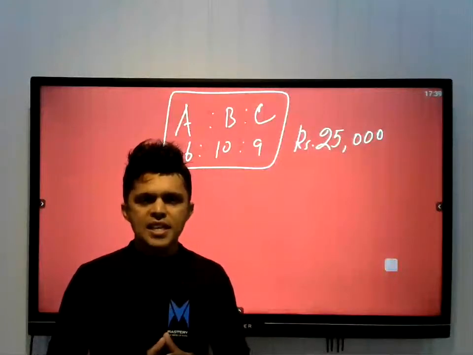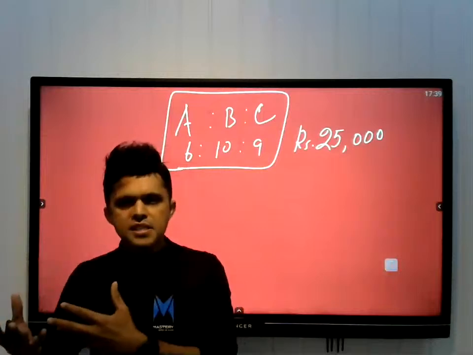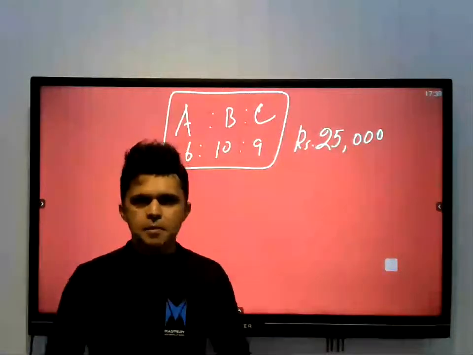Now we have to get the related profits taken by A, B, and C separately.